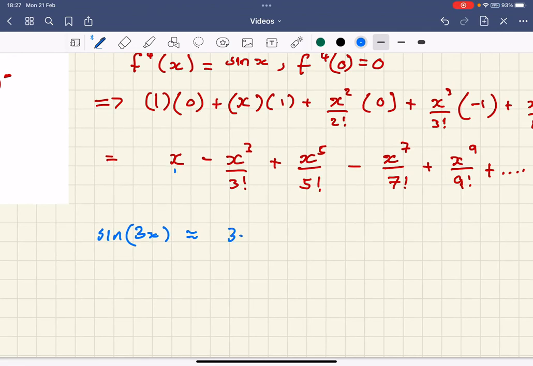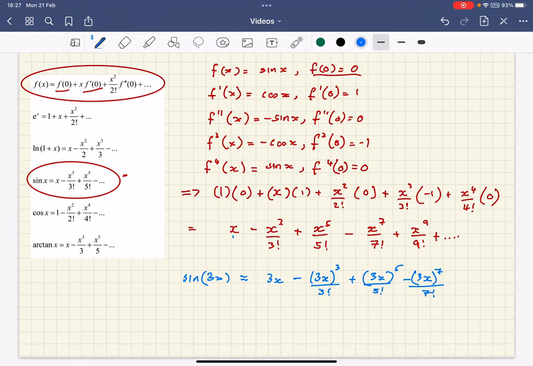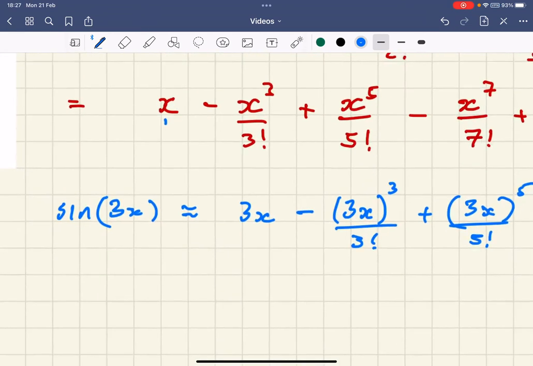So it becomes 3x minus 3x cubed over 3 factorial plus 3x to the power of 5 over 5 factorial. So you can actually just substitute any particular values you have into these common ones from the formula sheet.